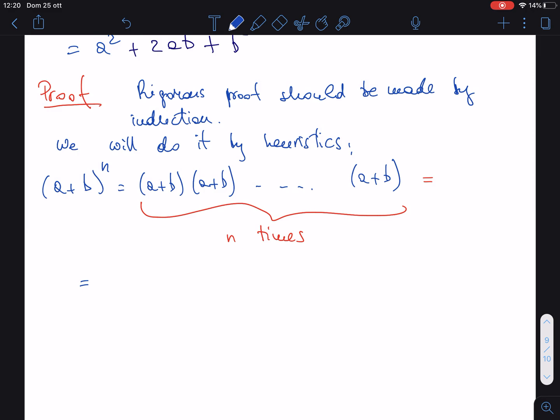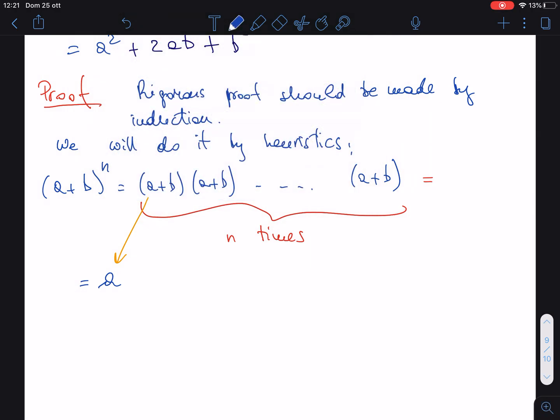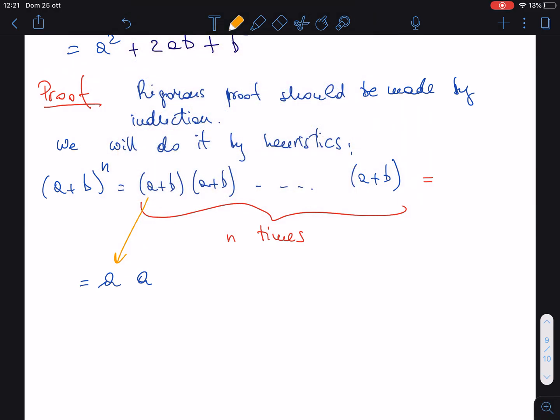And what you have to do at each polynomial is to extract one term from every bracket. So traditionally, to do it in an ordered way, you choose the first term of every bracket, so from the first bracket you choose a, from the second you choose a, okay, it is a squared, but I want to stress the fact that you are choosing one element from every bracket.